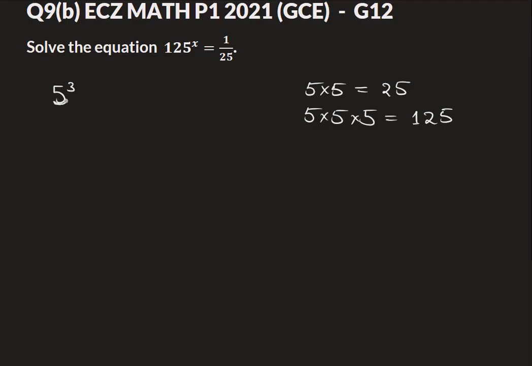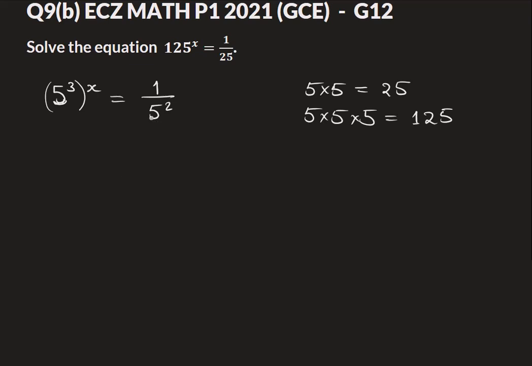Now notice that the x here is multiplied by the power of the 125, so we include some brackets like this, and then write our right hand part, which is 5 to the power 2.